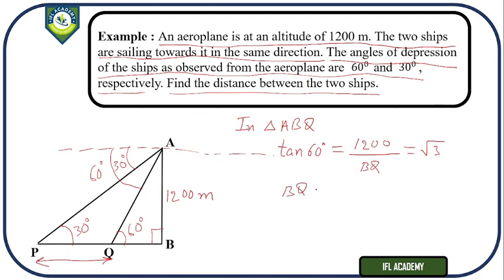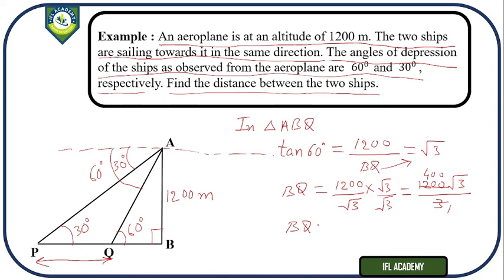So BQ will be equal to, cross multiply, BQ will be equal to 1200 upon √3. Then rationalize the denominator, multiply numerator and denominator by √3. This will be equal to 1200 √3 upon √3 into √3, 3. Now cancel 1200 by 3. 3 ones are 3, 3 fours are 12. So BQ is equal to 400 √3.